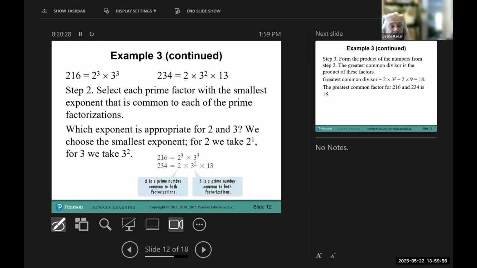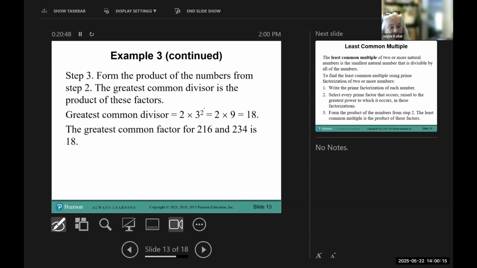And then this one has 3 3's, and this one only has 2 3's, so they have 2 3's in common. And then this one has a 13, but the other one doesn't. So what they had in common was 2 and then 2 3's, or 2 times 3 times 3, which we can also write as 2 times 3 squared, which is 2 times 9, or 18. So that's one way of getting the greatest common divisor.